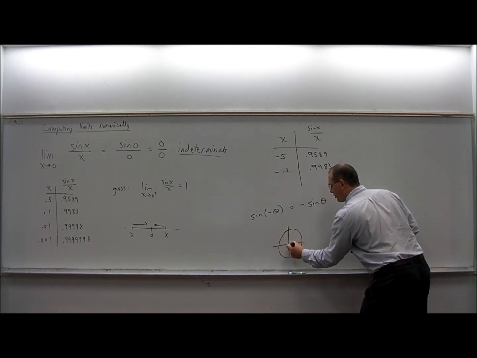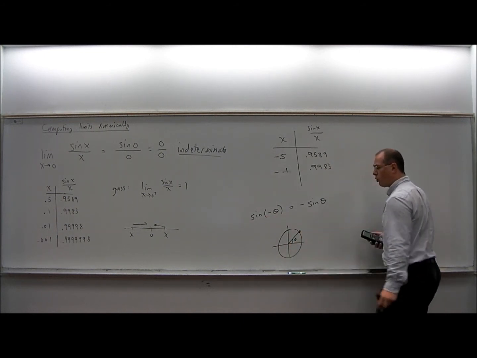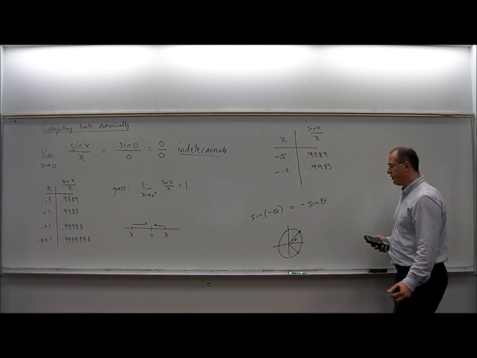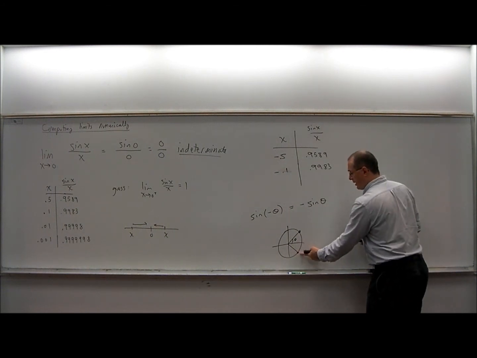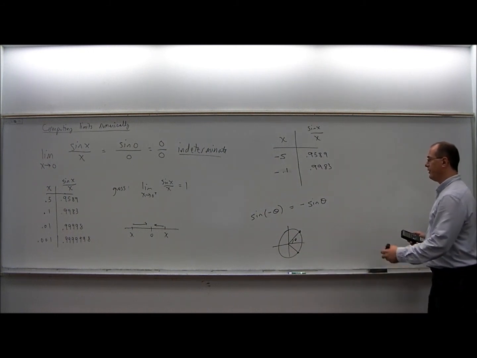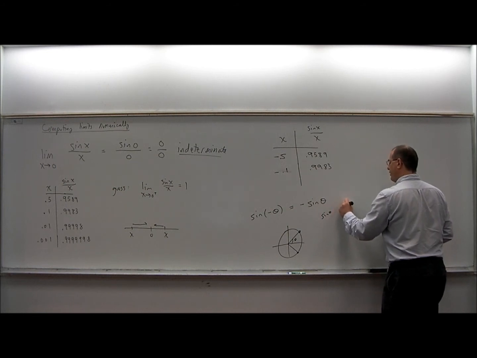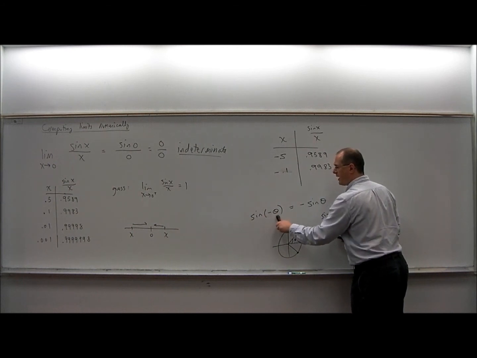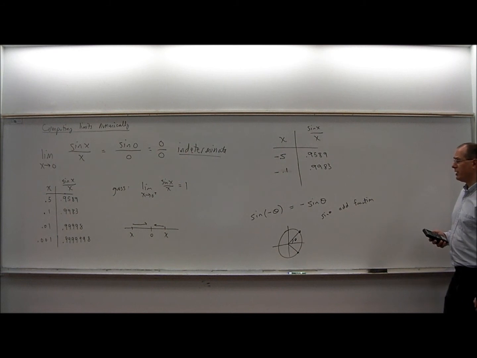If this is the unit circle and this is an angle theta, then the sine of theta would be the y-coordinate of that point, and the angle negative theta will give you the exact opposite y-coordinate, so that the sine of negative theta would equal the negative of the sine of theta. And this is saying that the sine of theta is an odd function. An odd function in general has the property that f of negative x is equal to negative f of x. So the sine function is an odd function.